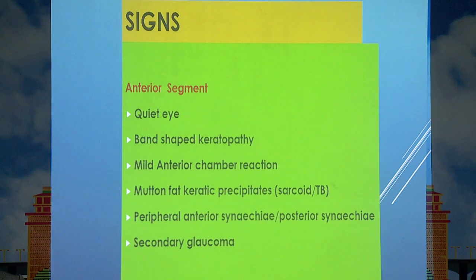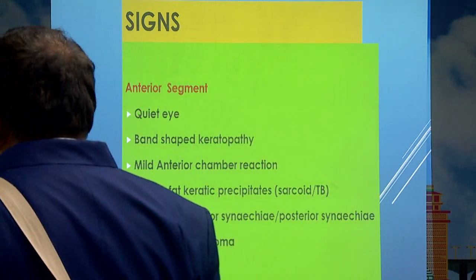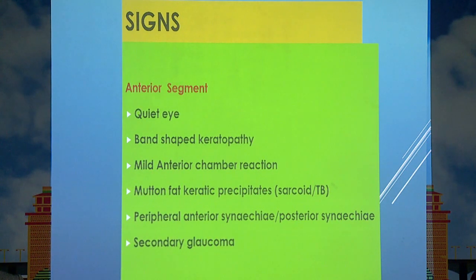In the later stages of the disease, the patient can develop band-shaped keratopathy. Most often there is a mild anterior chamber reaction, and when the etiology is sarcoid or TB, we can find mutton fat keratic precipitates on the endothelium. There can be peripheral anterior synechiae and occasionally posterior synechiae when the etiology is sarcoid or TB.